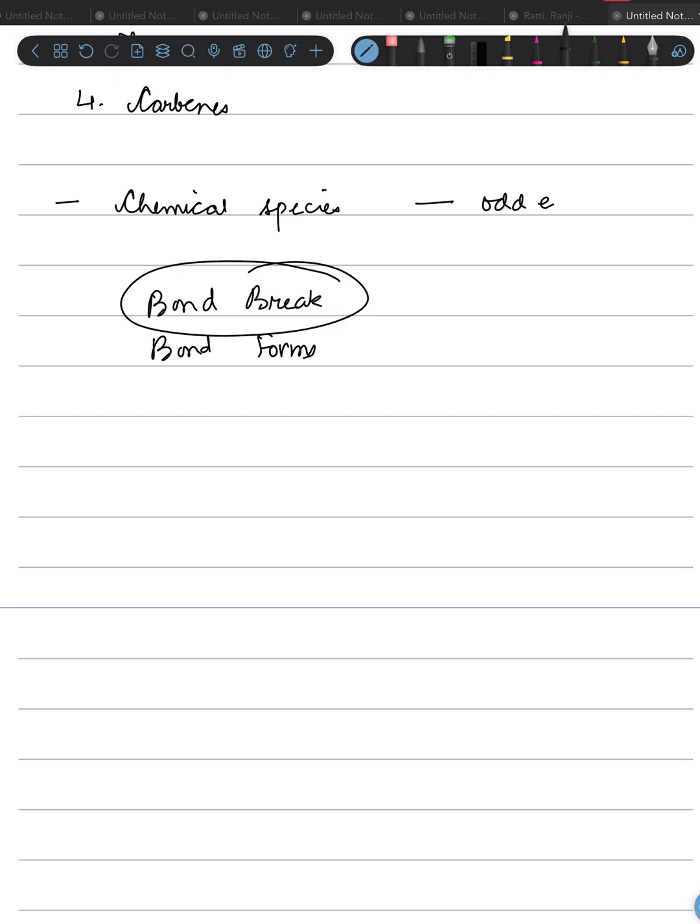So suppose I have a molecule AX where X is more electronegative than A, right? Which means that the tendency to attract the shared pair of electrons is more for X as compared to A. When we draw a bond between two atoms, it means two electrons.